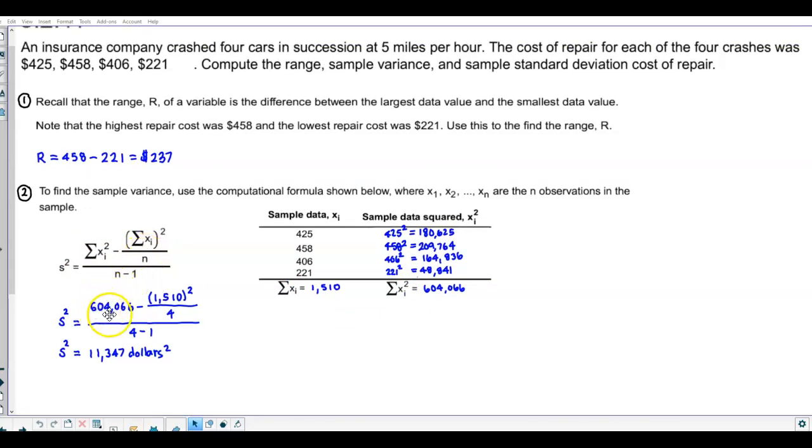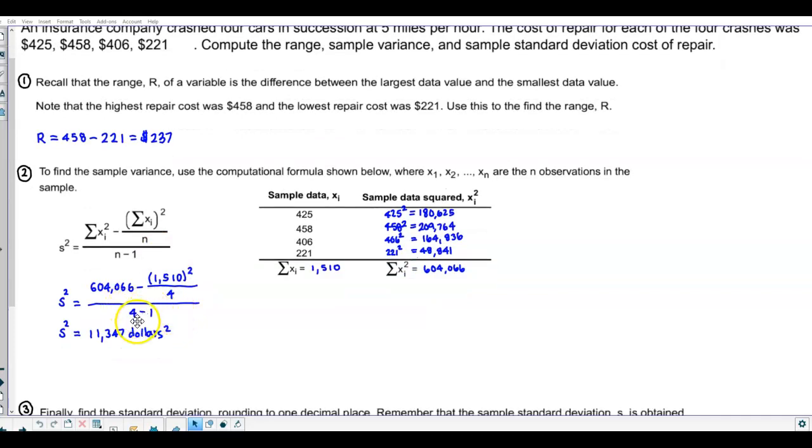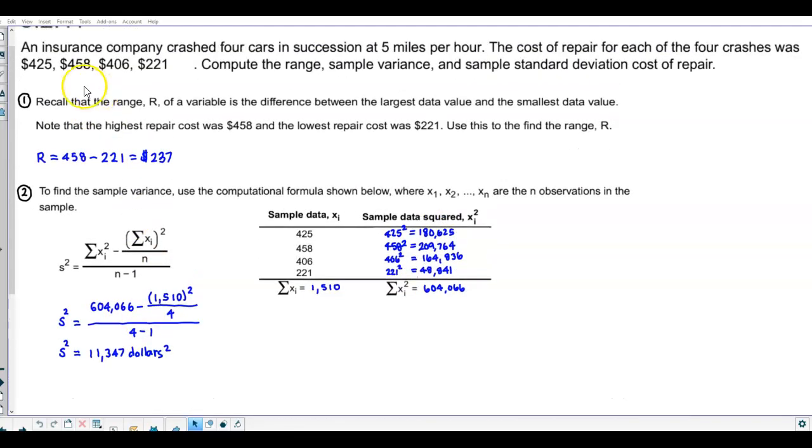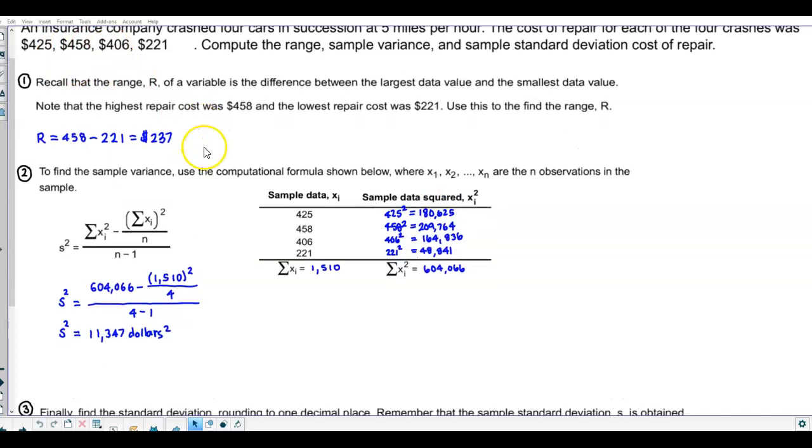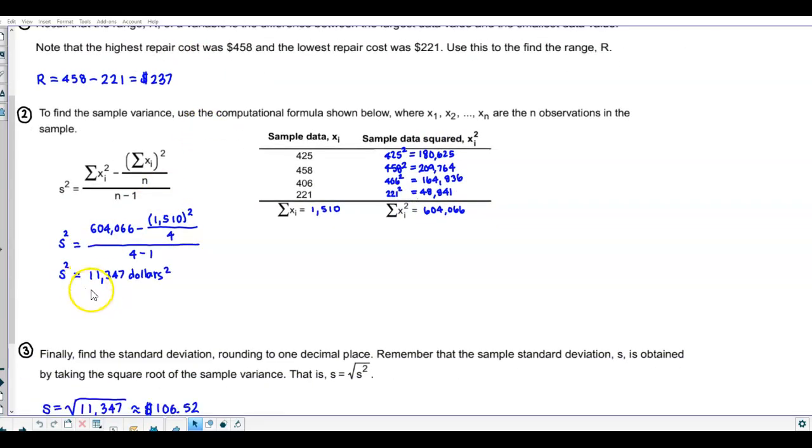So we take 604,066, which is the sum of the sample data squared, minus the sum of the data squared, divided by n, which is 4, over 4 minus 1, since 4 is the amount of data values that we have. That gives us 11,347 dollars squared, because that represents the variance.